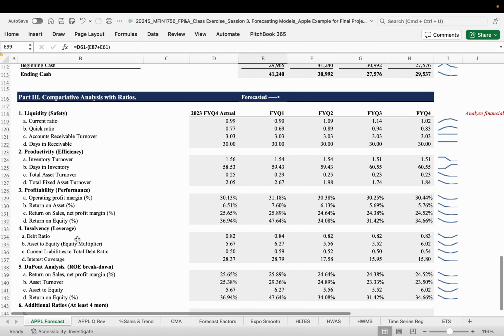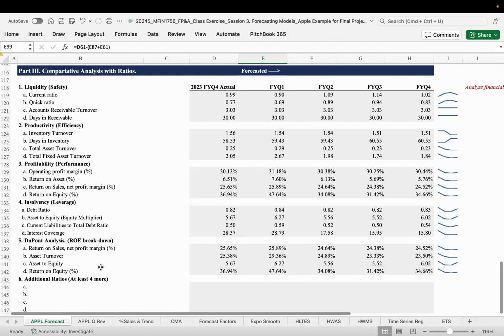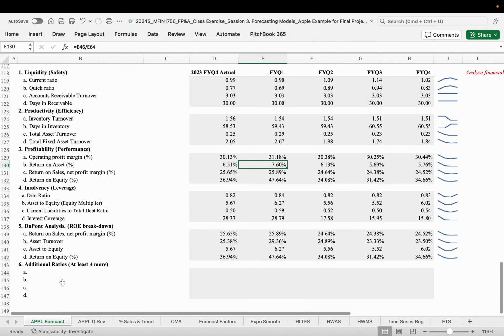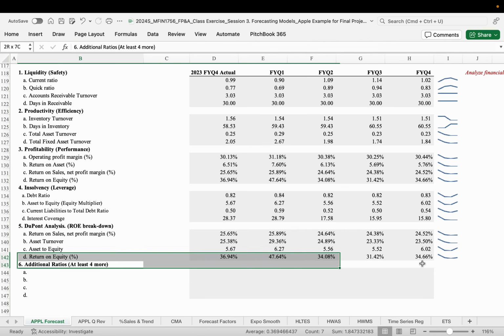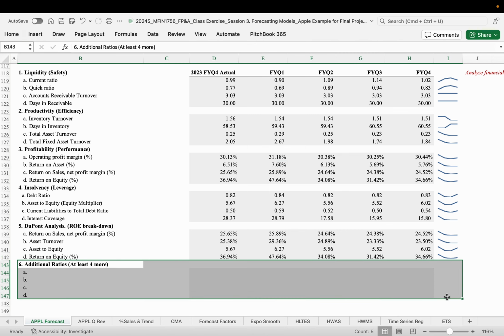So I don't want to teach anything about the ratio part. Maybe some other courses have already dealt with these very easy topics, and you can also use some other additional ratios. That's why in your report you need to use additional ratios to analyze the company, right?